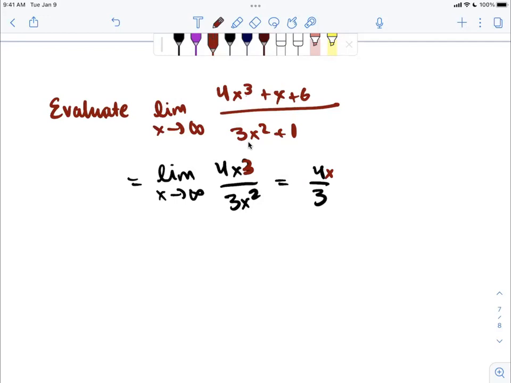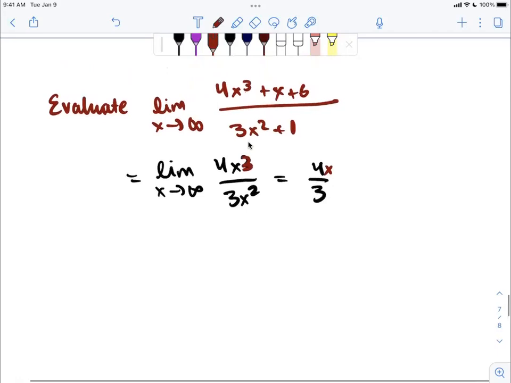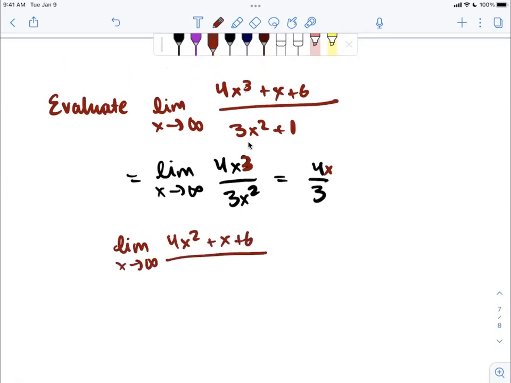But it could also be the other way around, that the denominator has higher degree. So in that case, say we had an x cubed on the bottom and not on top. So we'd be looking at the limit as x goes to infinity of 4x squared plus x plus 6 over 3x cubed plus 1. Well, again, we're only looking at the leading terms, so we're going to get the limit as x goes to infinity of 4x squared over 3x cubed.